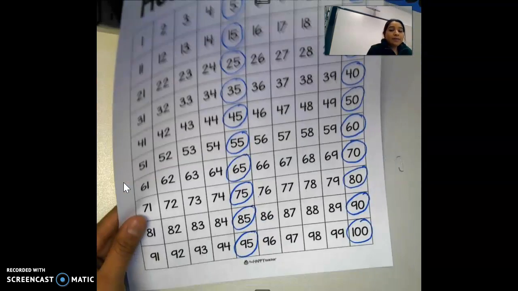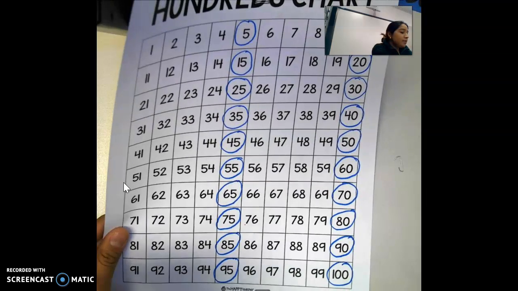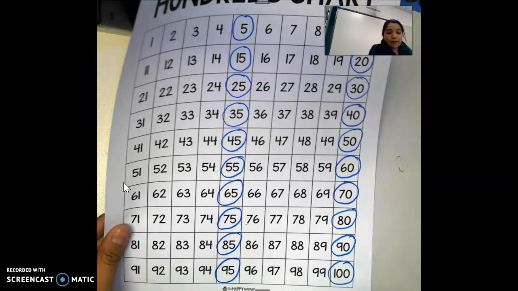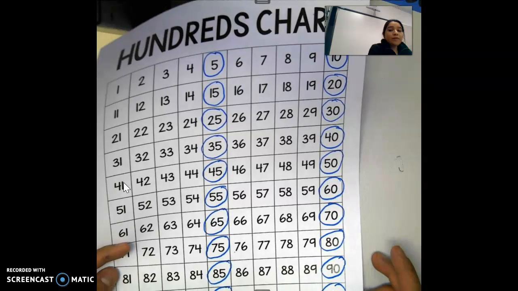So I'm going to move my hundreds chart just so you can see that I counted by fives. So I went ahead and circled all of my numbers as I was counting by fives. So let's go ahead and practice it one more time, a little bit faster.